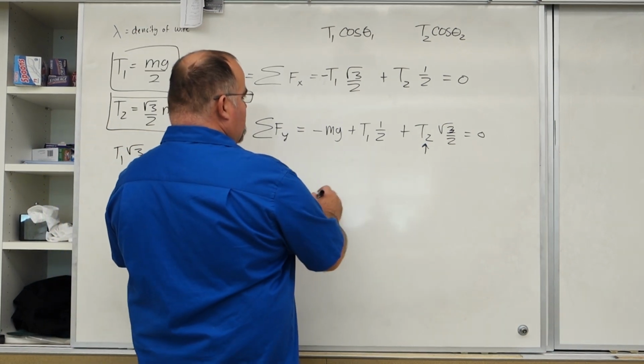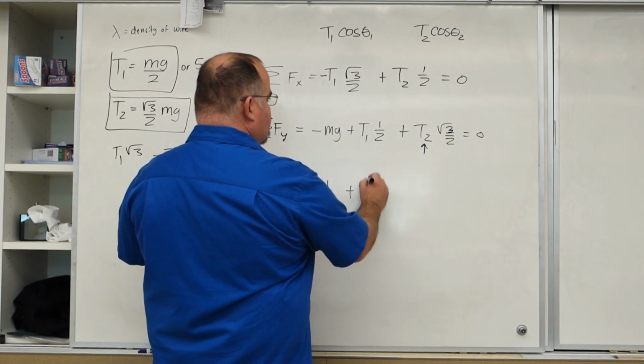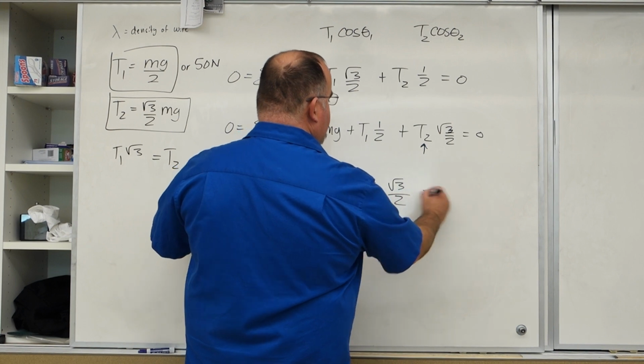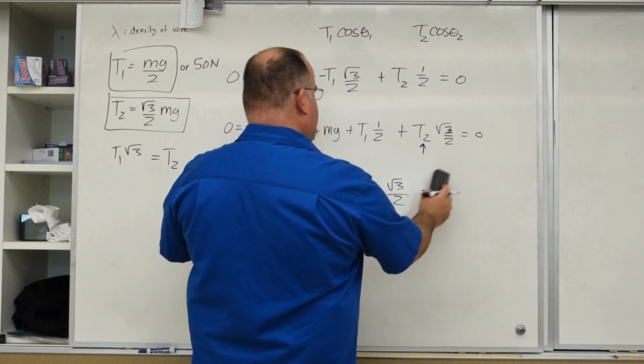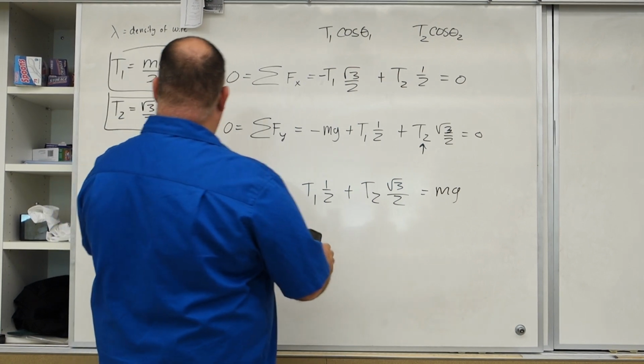So I'm going to rearrange a little bit. T1 times 1/2 plus T2 times root 3 over 2 equals mg. Okay? So when I plug these guys in here, that should happen.